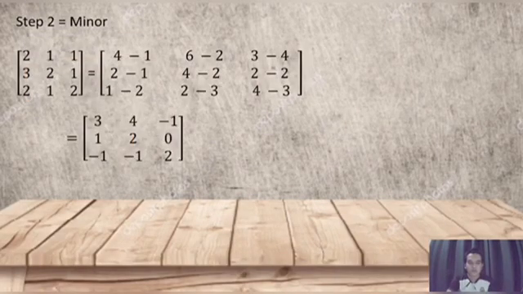After that, we need to find the minor. The minor is the value of the determinant of the matrix that results from crossing out the row and column of the element. For the element 2 in matrix A, since this element is in the first row and first column, we cross out the first row and column of A to leave the 2 by 2 matrix.